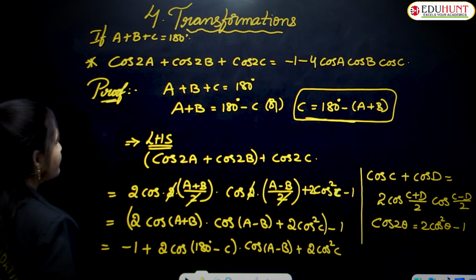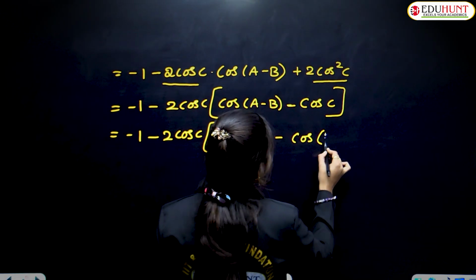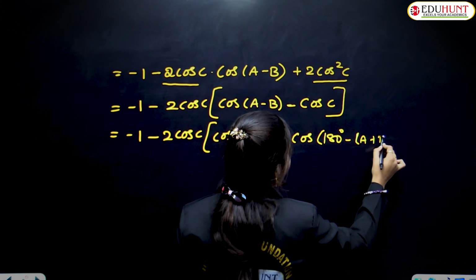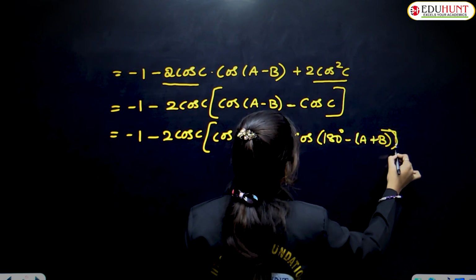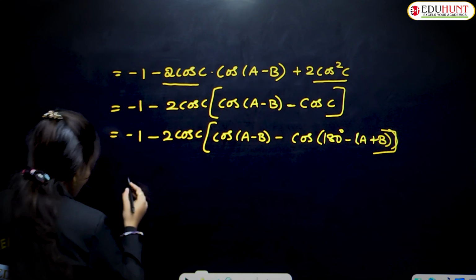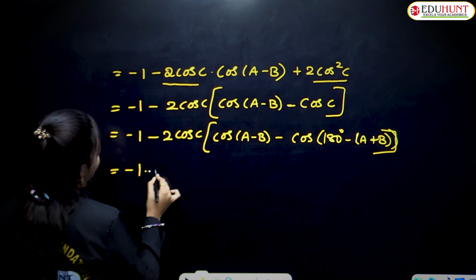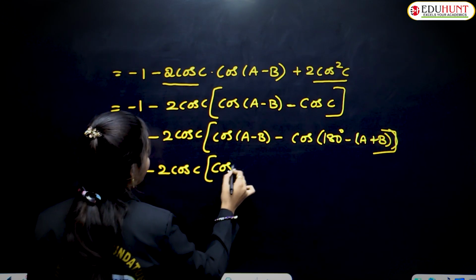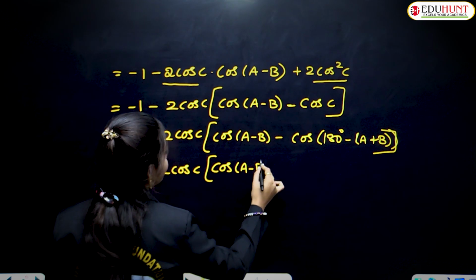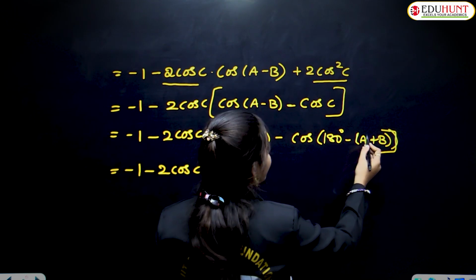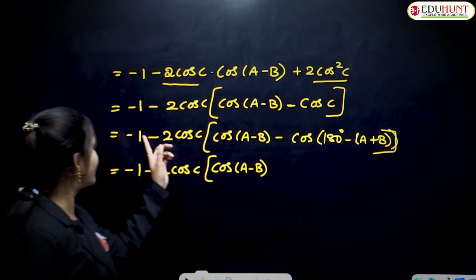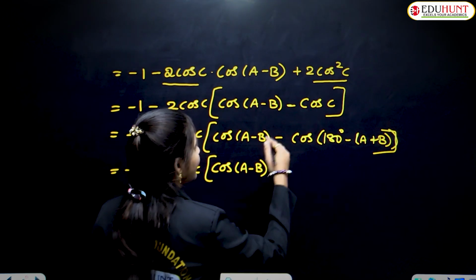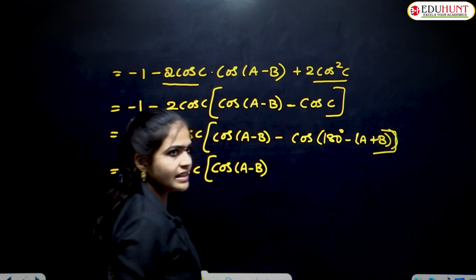So minus 1 minus 2 cos c into [cos of (a minus b) minus cos of (180 degrees minus of (a plus b))]. Here 180 degrees minus theta is the second quadrant, so we get minus cos theta.